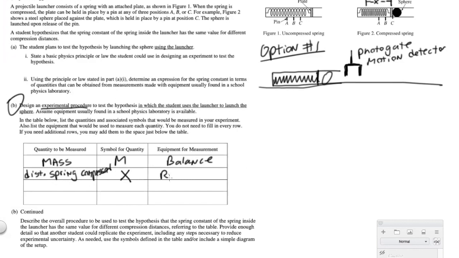And we could just use a ruler for that. If you said meter stick, you would still get credit, because perhaps your physics classroom only uses meter sticks, which in fact I think is the case. I don't give kids rulers. We just use meter sticks.